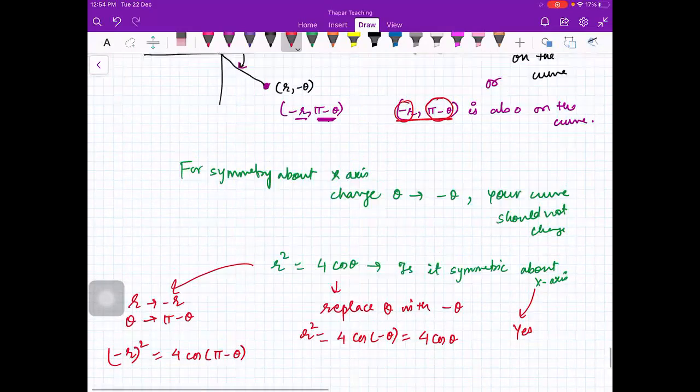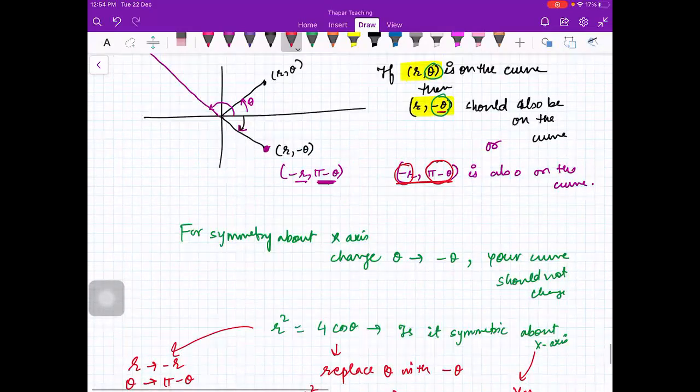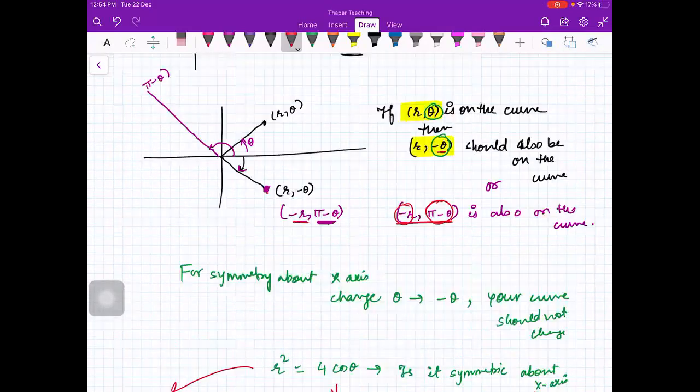Here, the name of this point is minus r comma pi minus theta. I think this angle is not pi minus theta. I have written it wrong. What will be this angle? This will be pi by 2 plus theta? No. Okay, so tell me the name of this angle.